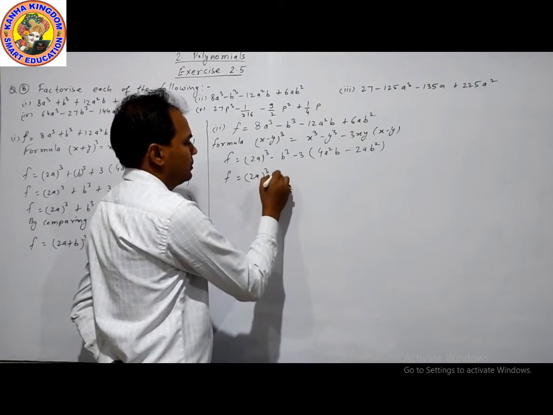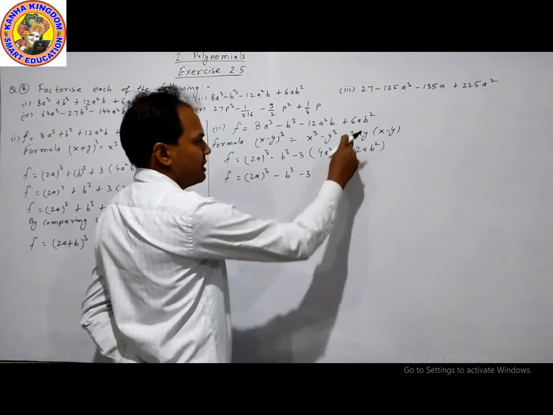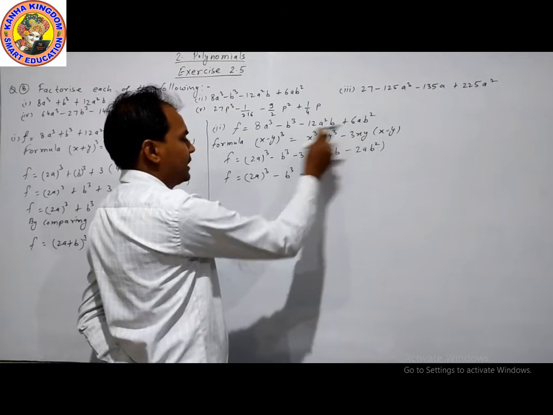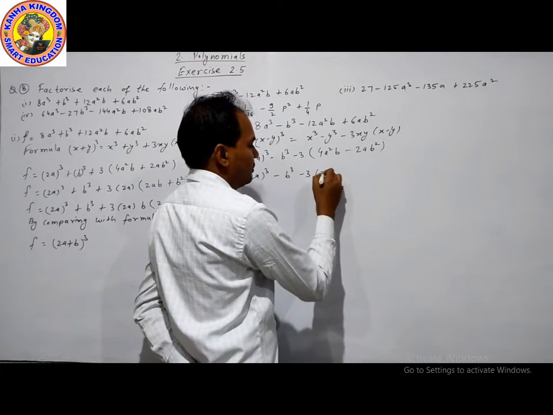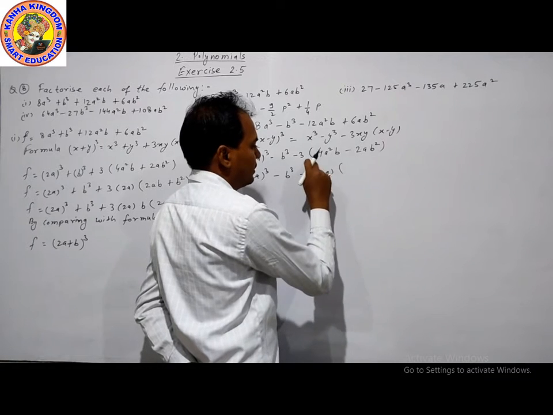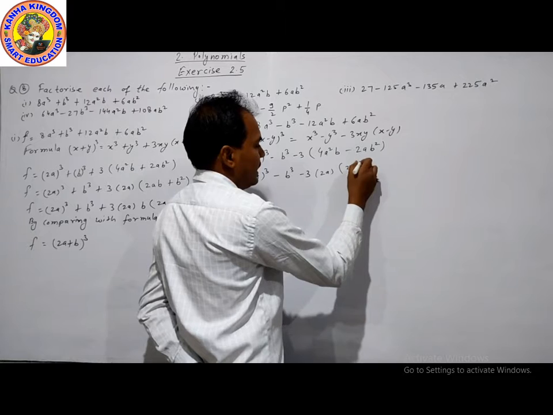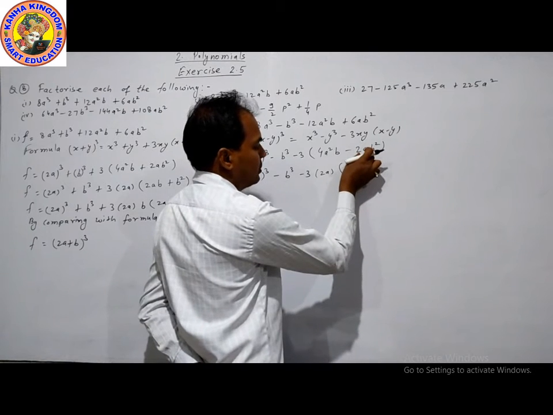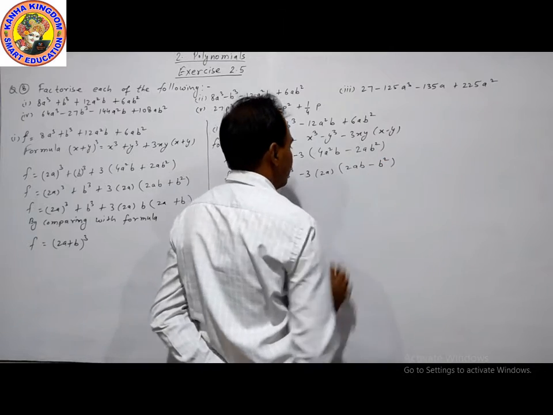2a cube minus b cube minus 3. Now taking x as a common, x is 2a. Now we take 2a common. When we take 2a common, dividing by 2a, this is 2ab. Taking 2a common, minus b square.